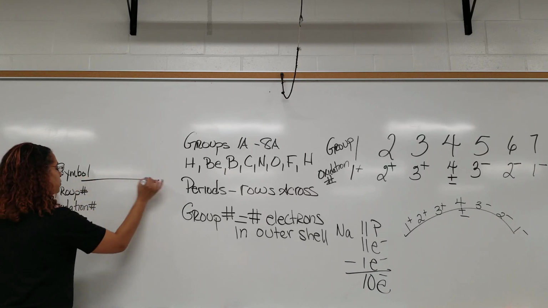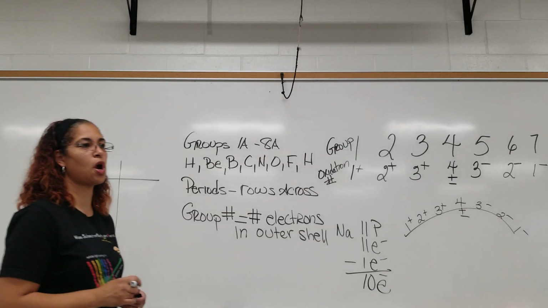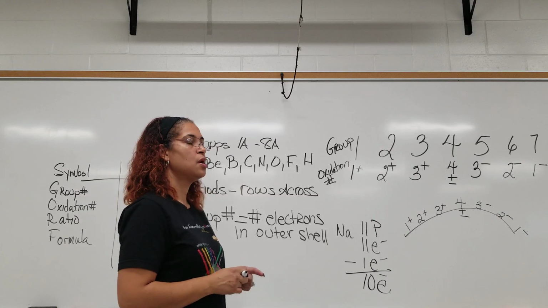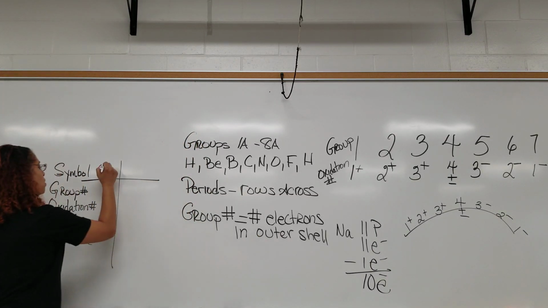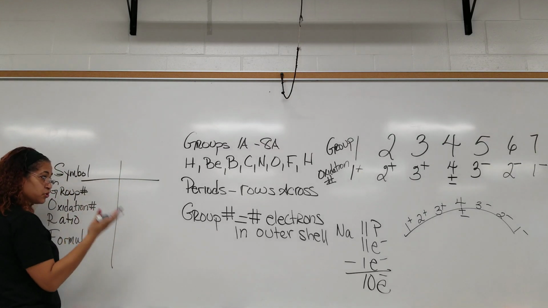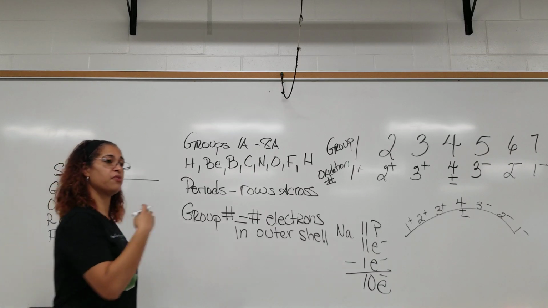So we create this chart. Let's say I'm going to start with calcium. Let's say I want to make calcium chloride and see how they bond. Calcium is closer to the left side of the periodic table, and we read the periodic table from left to right.